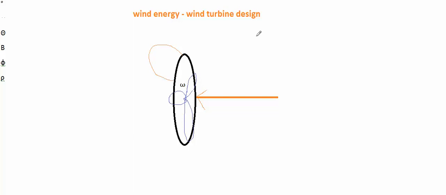Power is nothing but energy per unit time. Energy is the kinetic energy available in the wind, which is half times mass times the velocity of the wind squared.